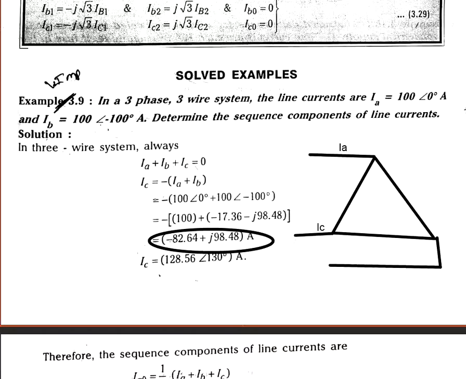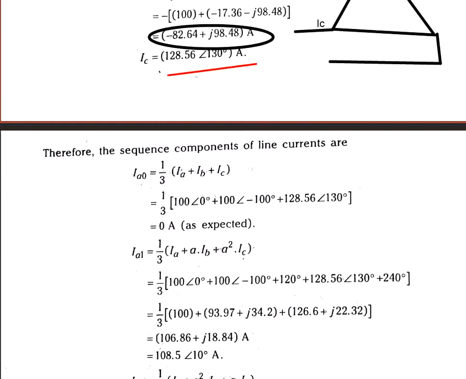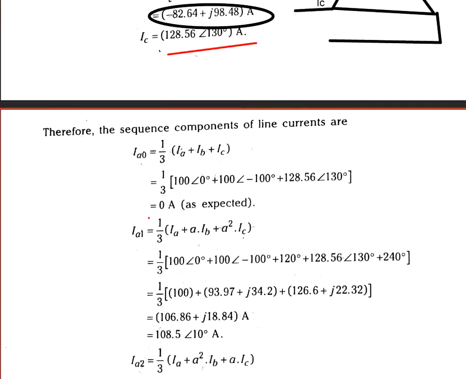So if you add both, IC is this value. Now, if you know IA, IB and IC, then it is easy to find your sequence components.